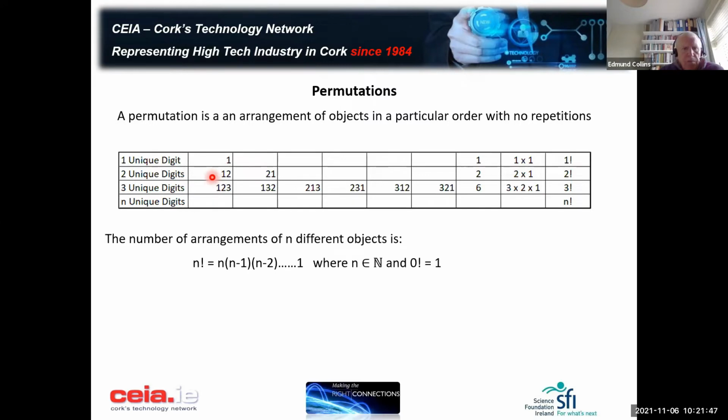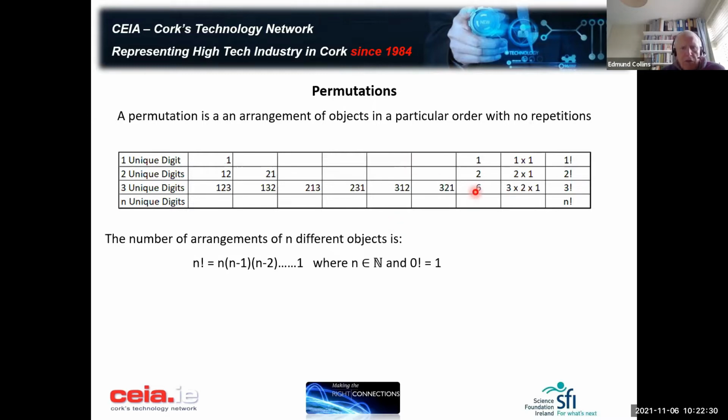But if we have 2 unique digits, 1 and 2, then the permutations can be 1, 2 or 2, 1. You notice there's no 2, 2 or 1, 1 in here because repetition is not allowed. And also 1, 2 is different to 2, 1. So then we have 2 permutations here, and that's 2 by 1. If we have 3 unique digits, the permutations are 1, 2, 3; 1, 3, 2; 2, 1, 3; 2, 3, 1; 3, 1, 2; and 3, 2, 1.